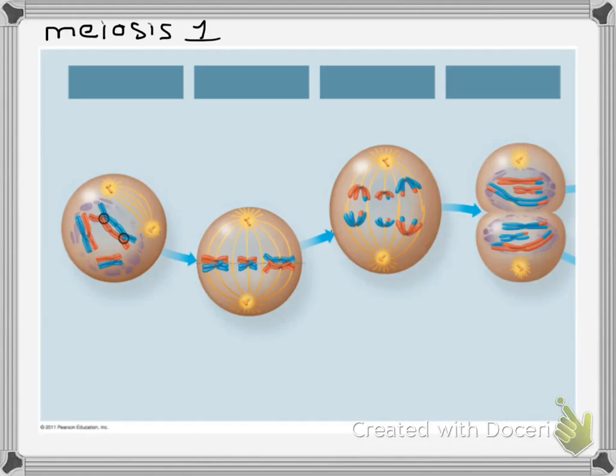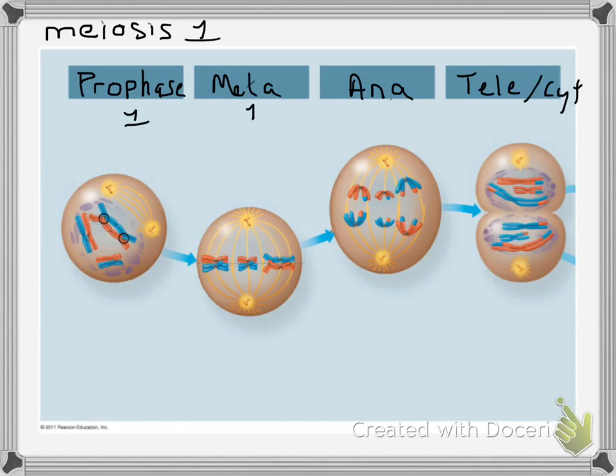So we have a prophase, a metaphase, which I'm just going to call meta, then an anaphase, which I'm just going to call ana, and we have a telophase and cytokinesis. And of course, this is prophase 1, metaphase 1, anaphase 1, telophase 1.